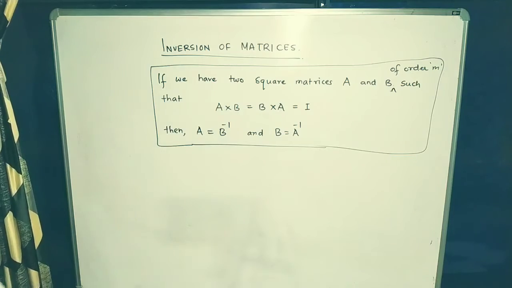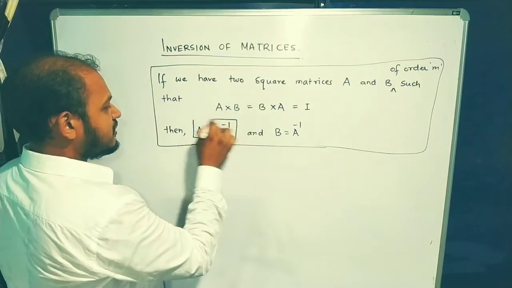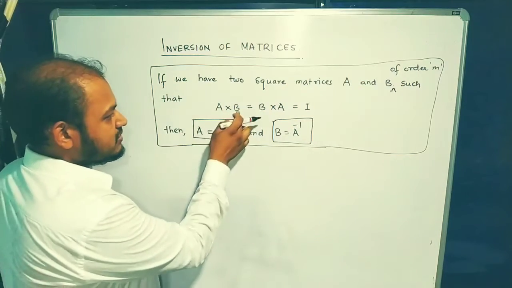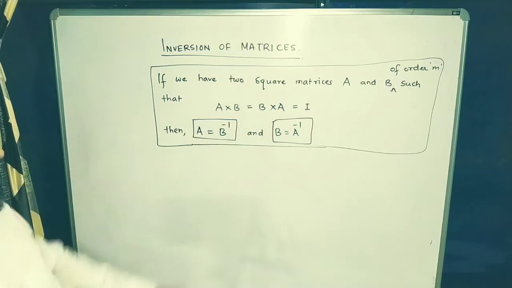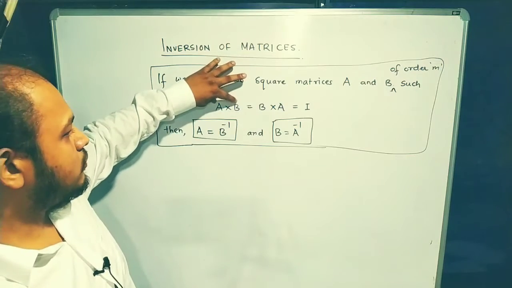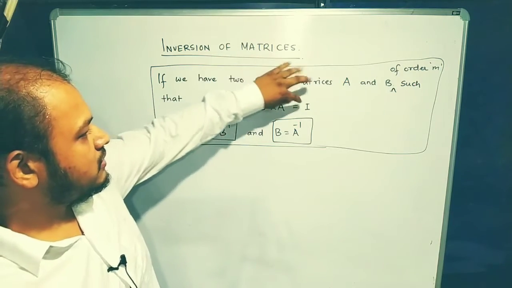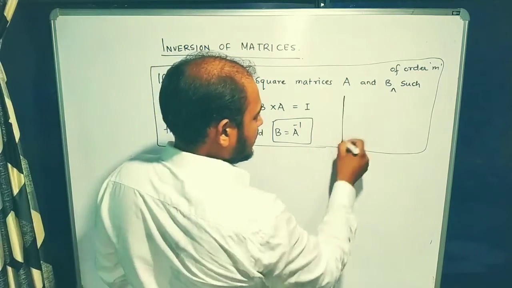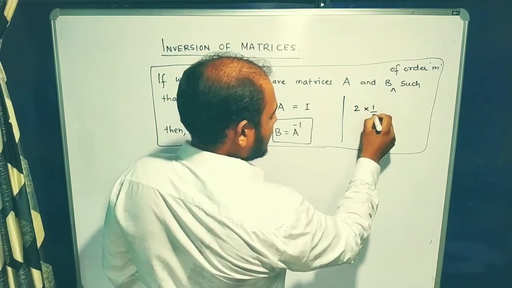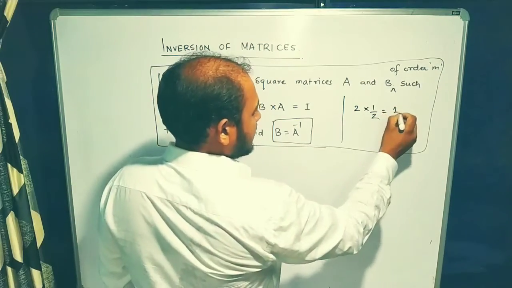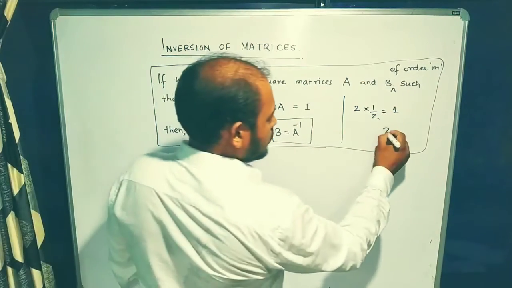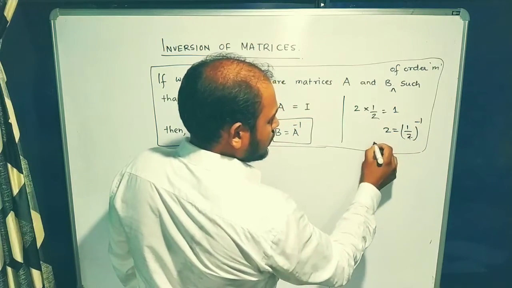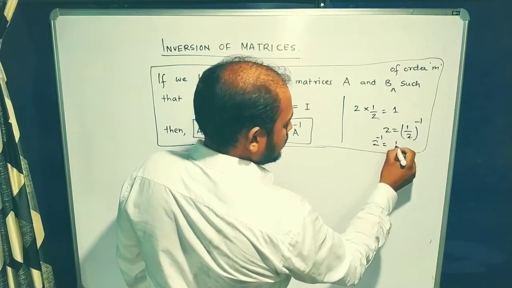So this rule states that two matrices are said to be inverses of each other. We say that A is the inverse of B, or B is the inverse of A, when we multiply both the matrices together and it becomes the identity matrix. Just in a similar way, in algebra 2 multiplied by 1 by 2 equals 1, right? So can we not say that 2 is the inverse of 1 by 2, or 1 by 2 is the inverse of 2?